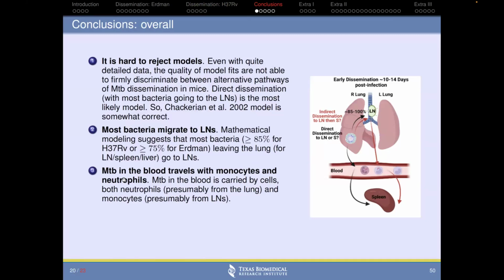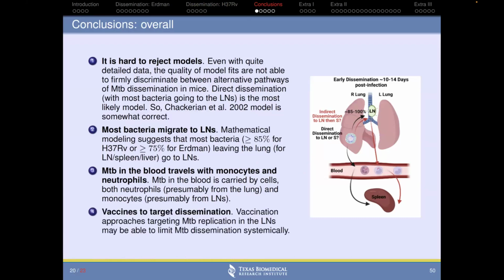So the pathways of how cells enter the circulation indeed could be different, because we do find two different cell types that carry MTB in the blood. And again, finding that most bacteria enter the lymph nodes before they probably disseminate systemically suggests that if we control bacteria in the lymph nodes, then perhaps that will reduce the ability of the bacteria to disseminate.